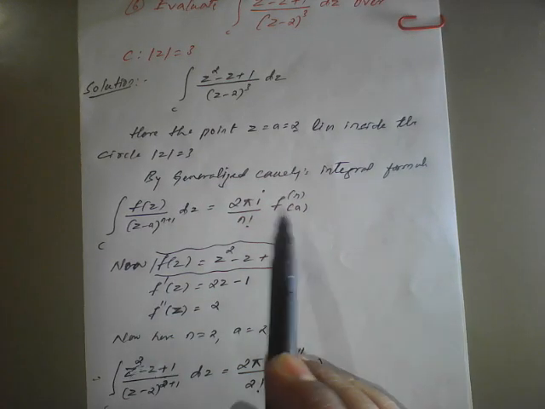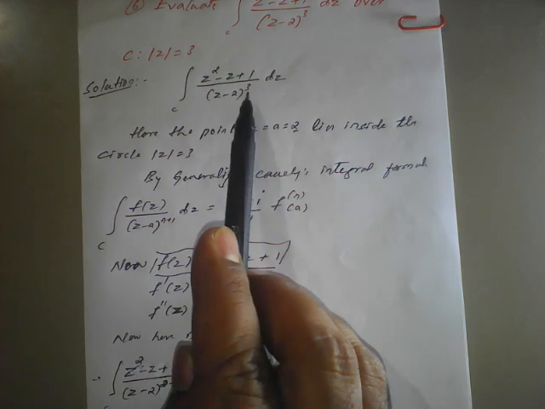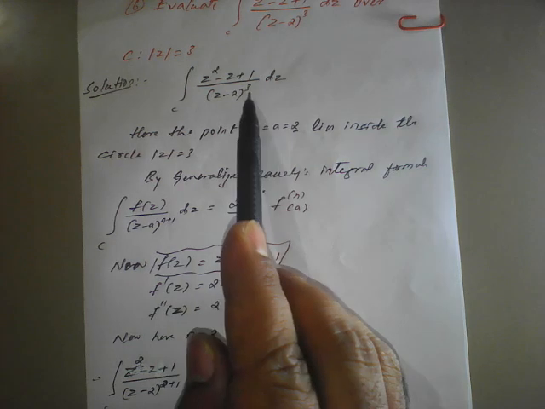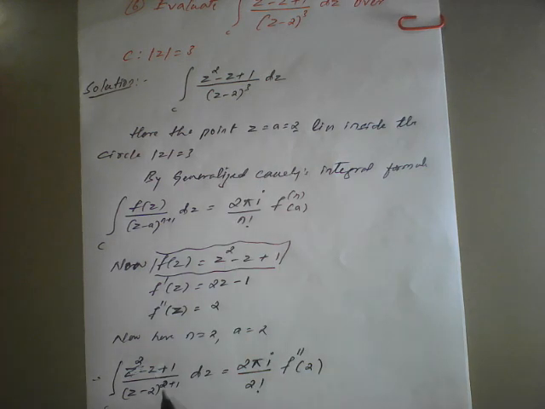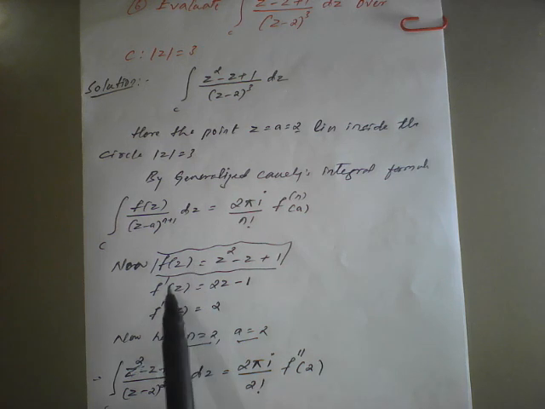Next, we need to see the n value. 3 can be written in the form of n plus 1, so 3 is 2 plus 1. So the n value is 2 and the a value is 2. Since n is 2, we need to differentiate f of z 2 times.